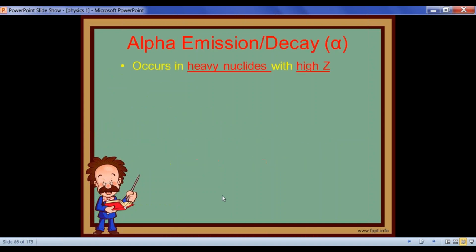So for the alpha emission, it occurs in heavy nuclides with high atomic number. If you can remember, the symbol for our atomic number is capital or small letter Z. So it occurs in heavy nuclides or heavy elements with high atomic number, usually the elements which start from 74 atomic number and above.